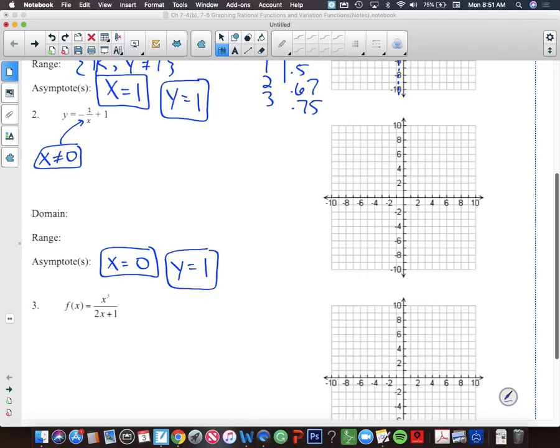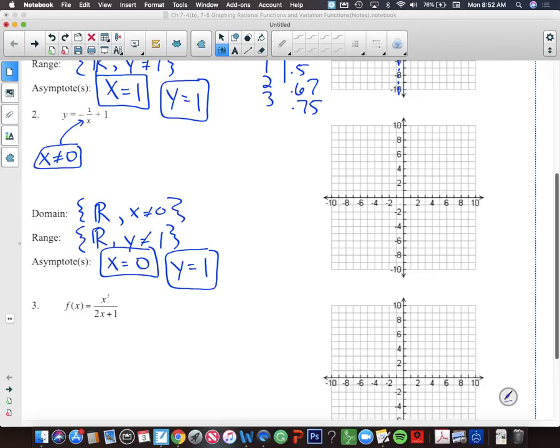Okay, so remember you look in the denominator for your x asymptote, because that's an undefined value, and then you look on the back end for the y equals asymptote. Okay, so domain again, all real numbers. x can't be 0, range, all real numbers. y can't be 1.